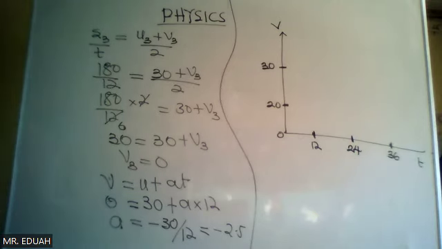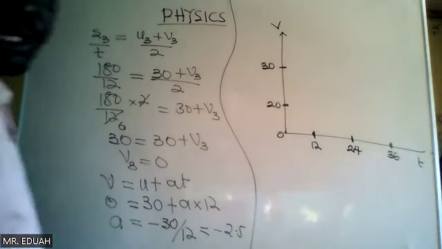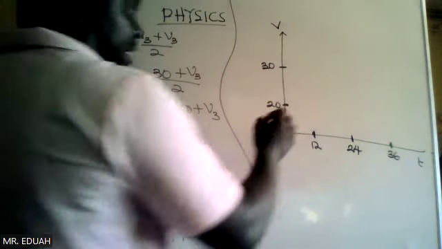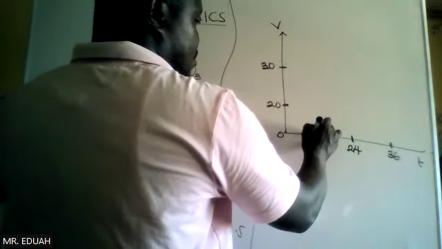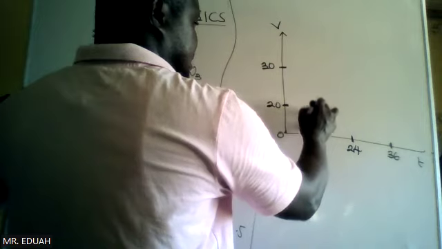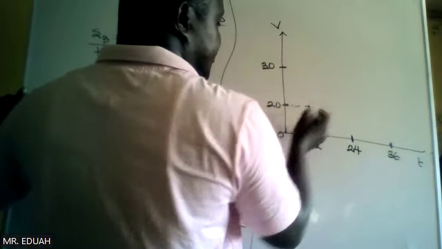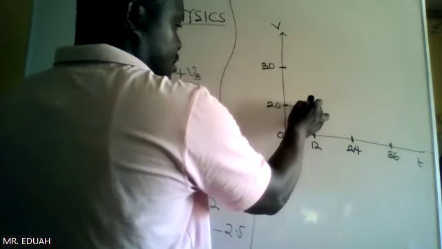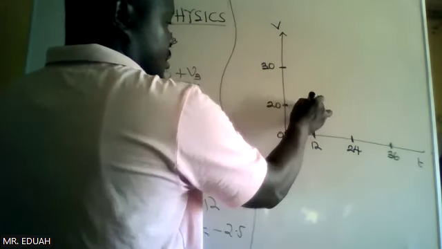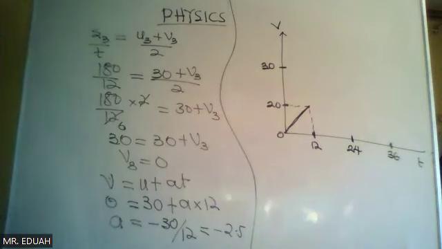Now, what was the acceleration obtained in the first part? The motion starts from rest and then accelerated uniformly. So this is the first part.